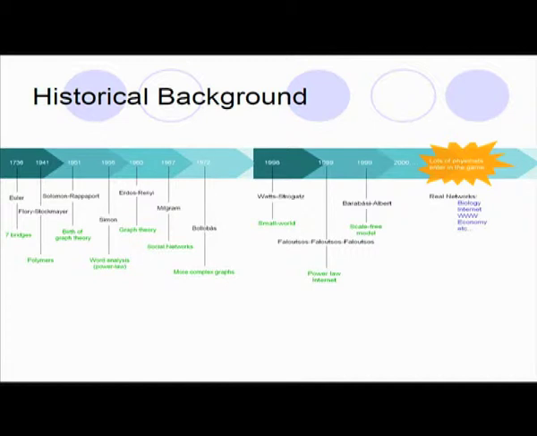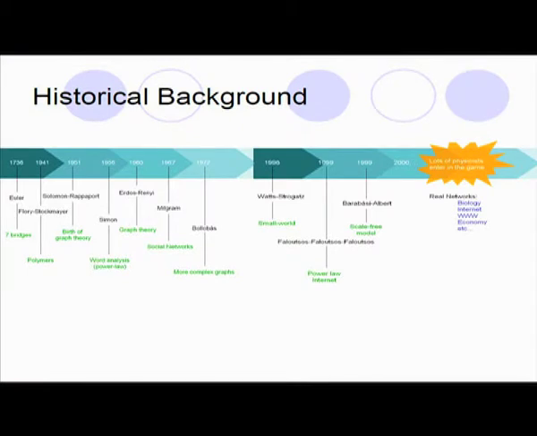Many of you are probably aware of Euler's seven bridges experiment that he started in 1736. Then there were people from chemistry, physics, mathematics, and sociology who were using graph or network structures to study various interesting problems.